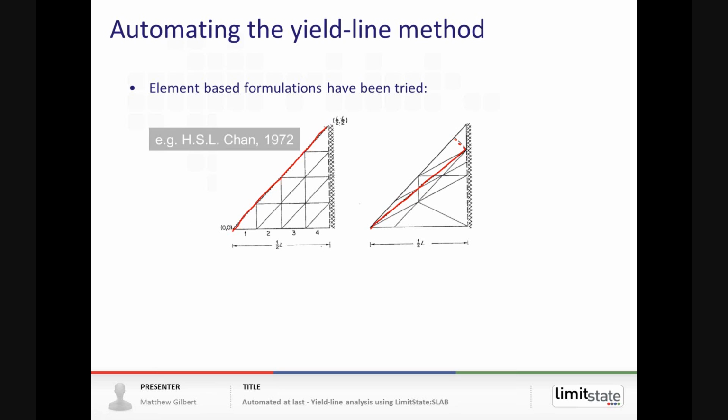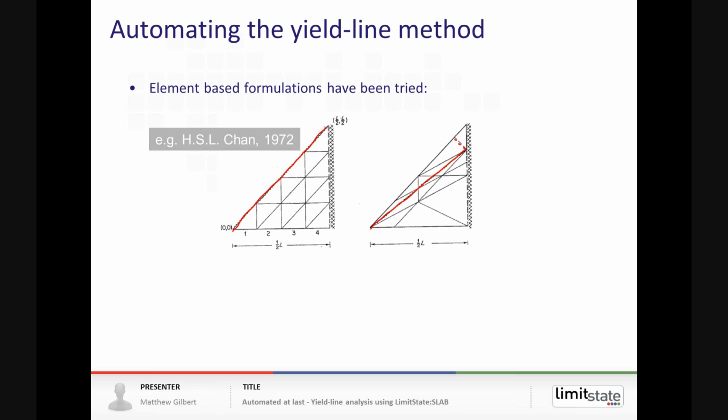Now that's all very good, but in this type of analysis, the problem is the topology of the elements has quite a big influence on the outcome of the analysis. So you can see obviously on the right hand side here, the elements are arranged very differently to the ones on the left, and for the same problem you're getting a very different solution.